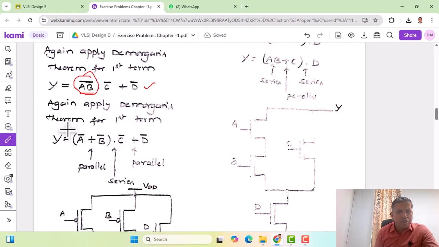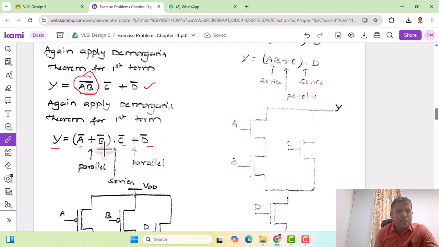This expression shows that the individual variables are in complement form, and the left hand side is again the normal output function. So this is actually the standard pull-up network Boolean expression.